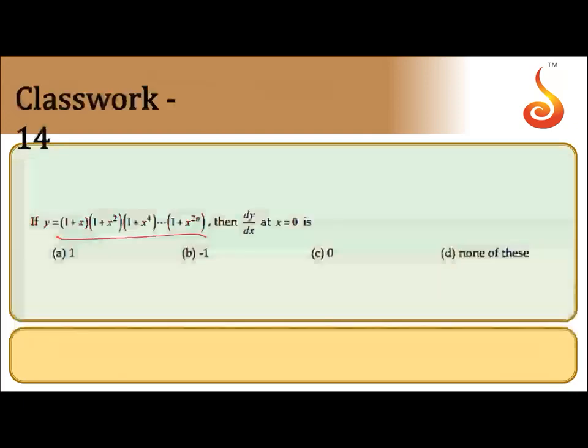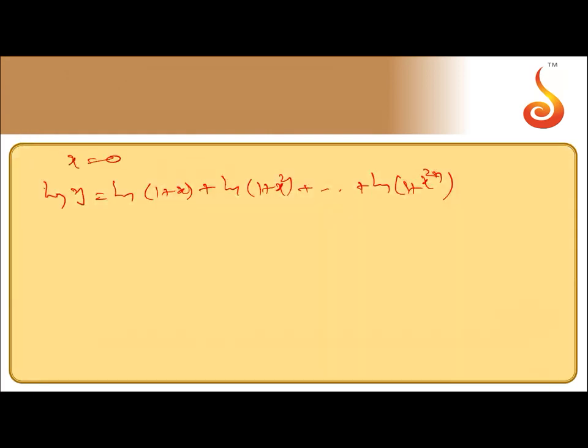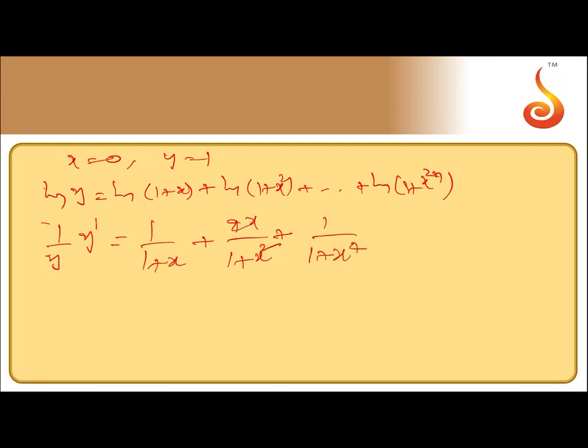Let me calculate the y value itself at x equals 0. When x equals 0, y equals how much? 1. When x equals 0, y equals 1. Now let's find the derivative on both sides. 1 by y times y dash equals 1 by 1 plus x, plus 1 by 1 plus x square multiplied by 2x, plus 1 by 1 plus x to the power of 4 multiplied by 4x cube, plus and so on.